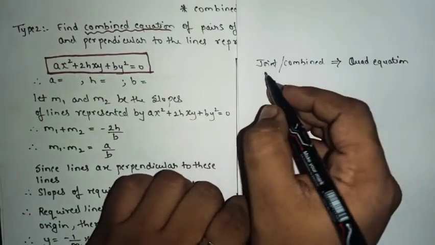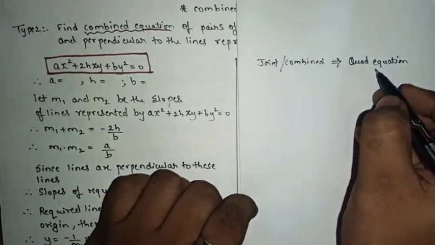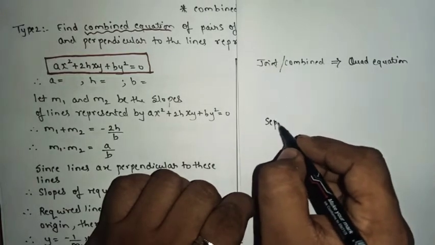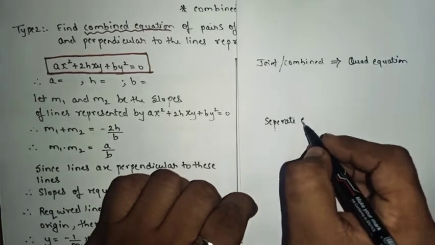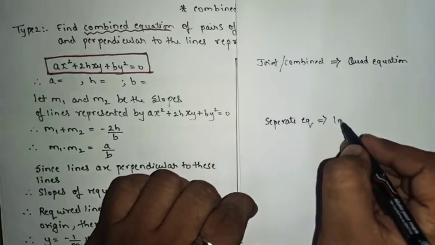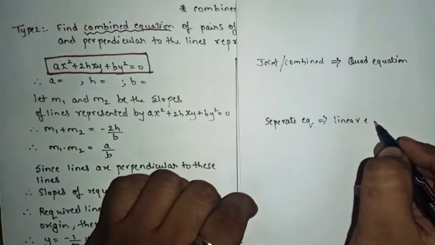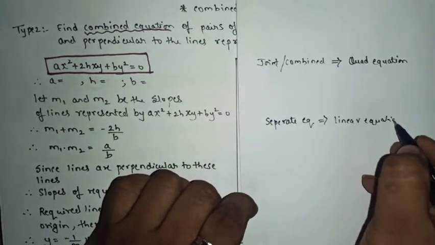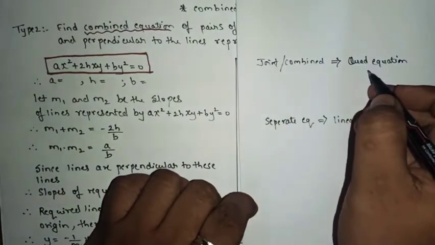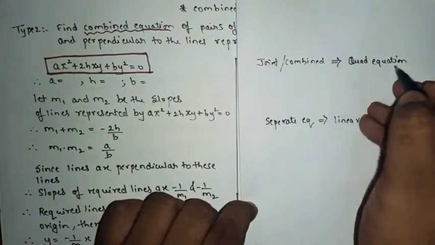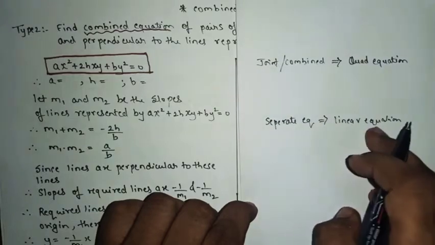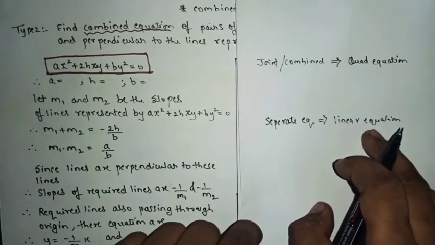So remember like this: joint, combine means quadratic, separate equation means linear. So whenever the word joint or combine comes, see to it that your final answer is in the form of a quadratic. For a separate equation, the final answer is in the form of linear.